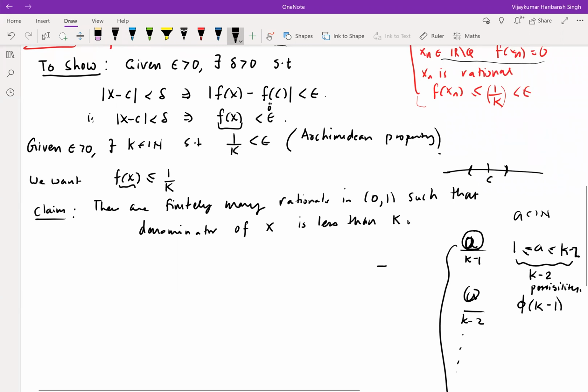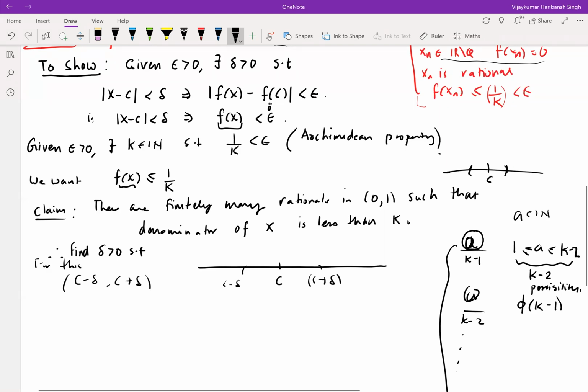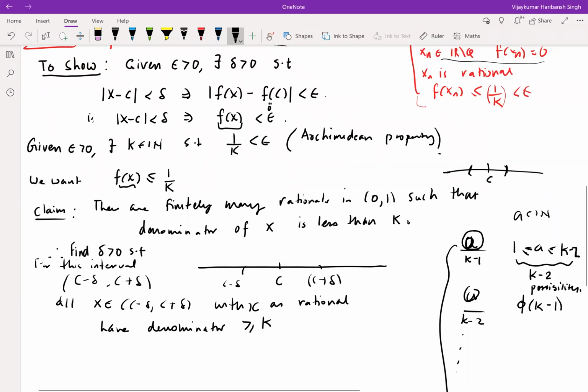So what you do is take C and find delta greater than 0 such that, for the interval (C minus delta, C plus delta), all x belonging to it with x rational have denominator greater than or equal to k.